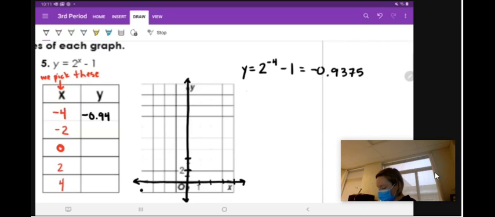Now let's figure out what our next point is. So this time we're plugging in -2. So we'll take 2 to the -2 minus 1. So use your calculator, punch in 2, power button, -2, and then you have to subtract 1 from that.